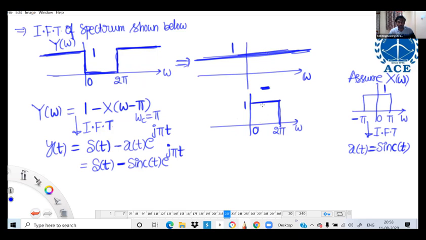We already know a rectangle in the frequency domain corresponds to a sinc function. Because its width is 2 pi, I assumed a reference rectangle from minus pi to pi. This is the Fourier transform of which function? Sinc function. If I make a right shift of pi, I will get this. Because I assumed that as x of omega, I have written x of omega minus pi. Take the inverse Fourier transform. One means delta t. This is the calculation. Got it, sir. Thank you.